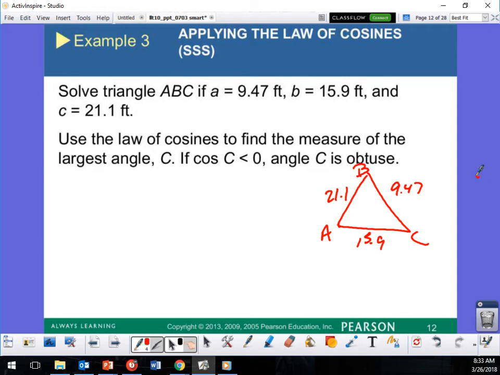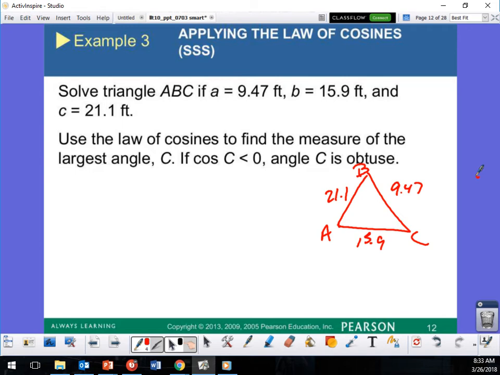Whenever I'm doing this, I have all sides, so it's going to be a law of cosine. Remember, for law of sine, I need to have one pair, an angle and a side. But with law of cosine, I can get away with all sides. And the one that we're solving for always has to be the smallest.